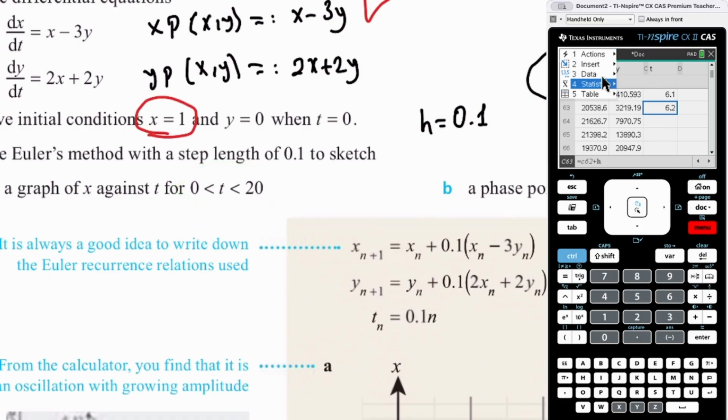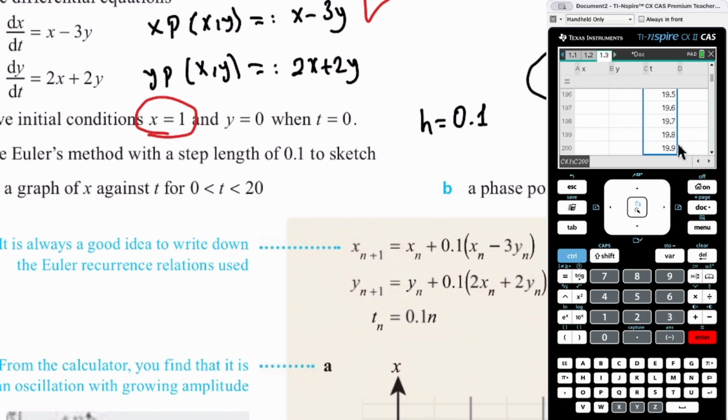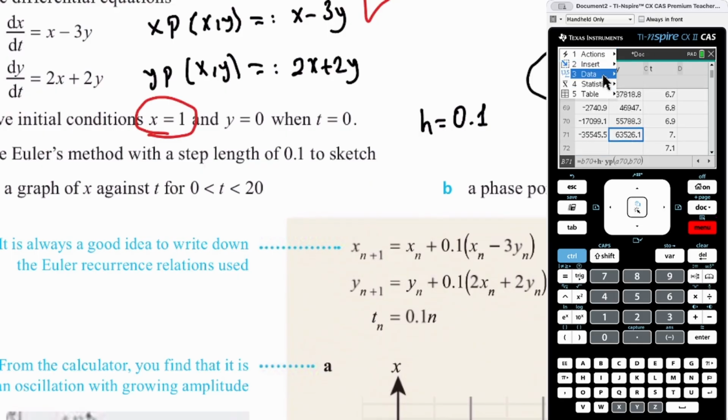So menu, data, fill. So I should go a bit way down, I think. Let's go like that. If I go enter. Yeah, almost, right? Then the same thing here, or same y value, menu, data, fill.